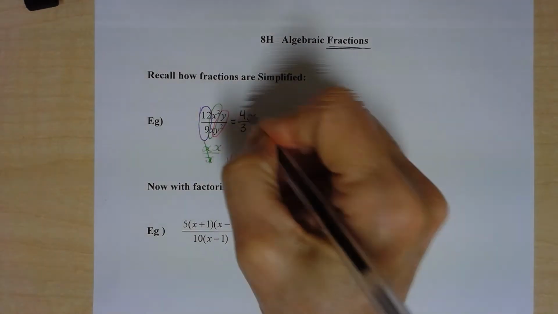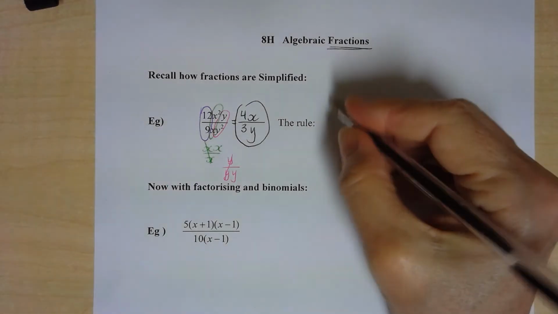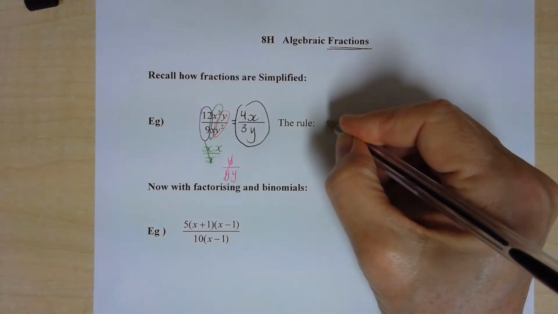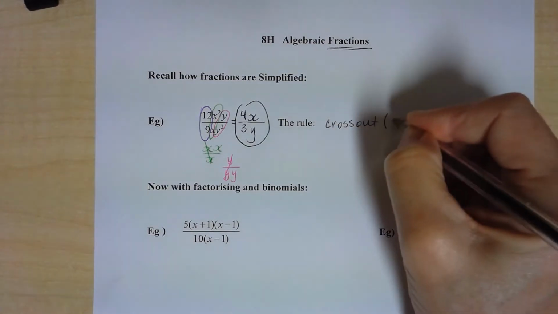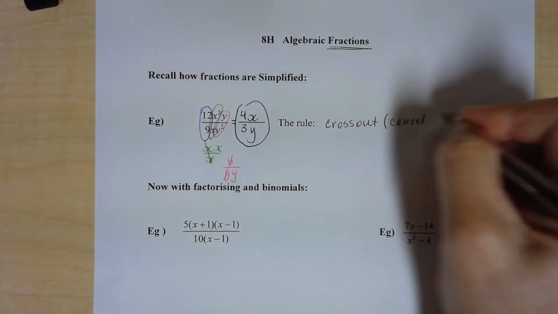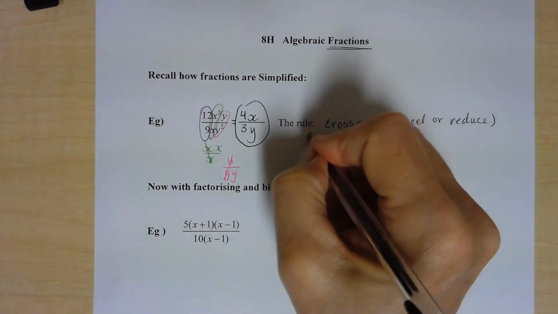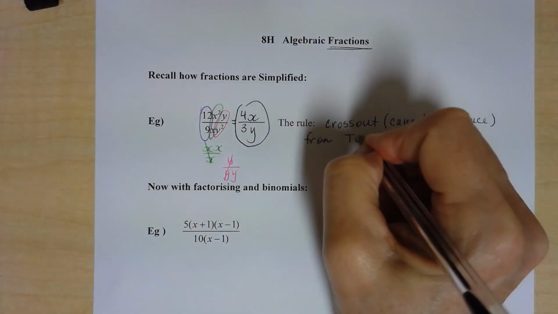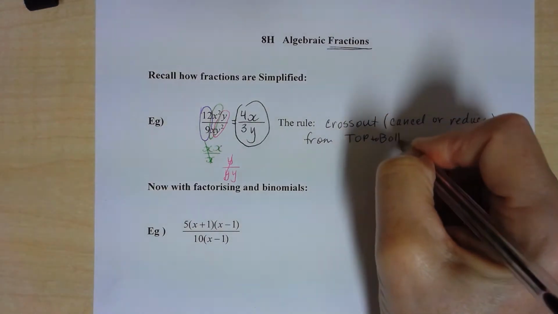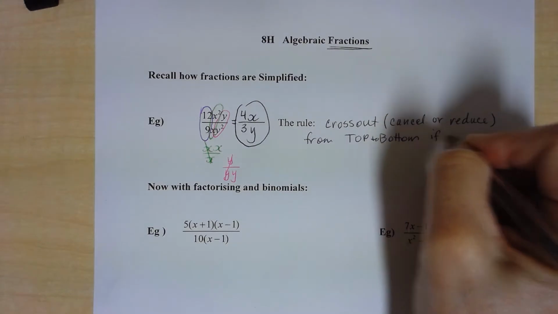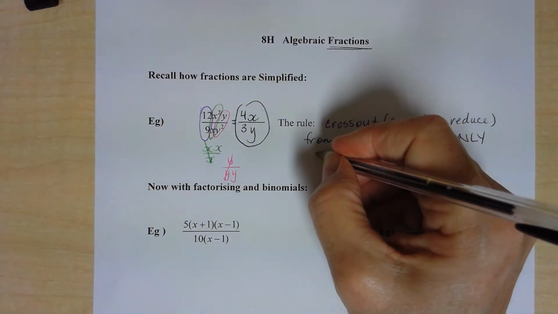Okay, and a lot of you could get to this without ever doing any of that work. So the rule basically is I'm allowed to cross out, or sometimes they say cancel or reduce, from top to bottom, only if factors.